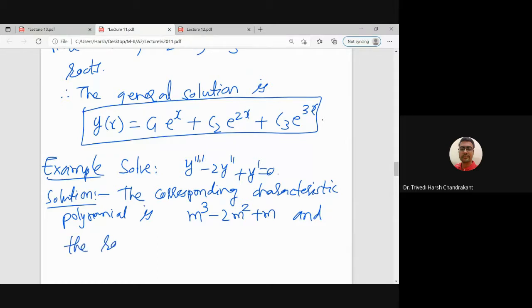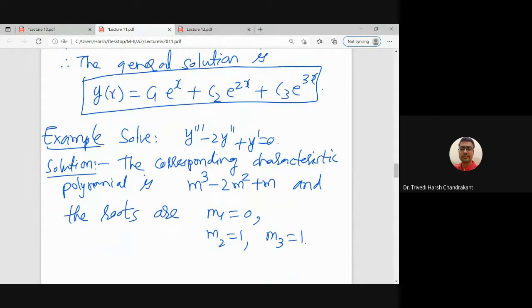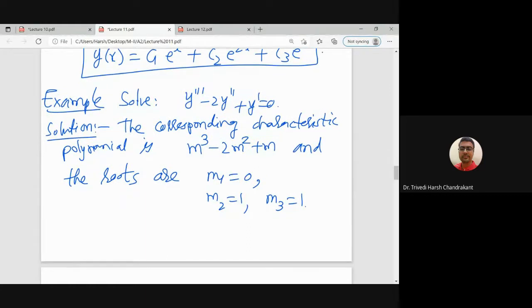The roots of this polynomial are, first root is 0, and if we take m common, it is a perfect square, that is m minus 1 square, right? So we have 2 other roots which are repeated, 1 and 1. So we can see that the roots are distinct, 0 and 1, but 1 is repeating.